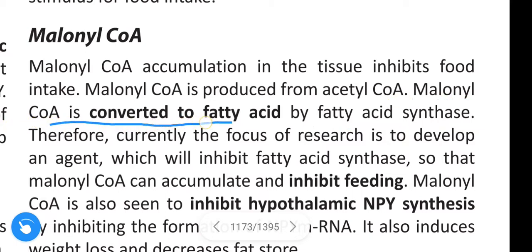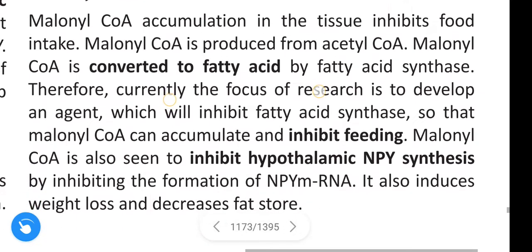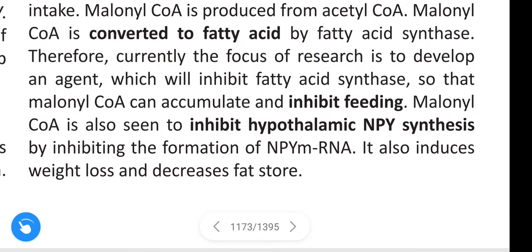Malonyl-CoA is converted to fatty acid by fatty acid synthase. Therefore, currently the focus of research is to develop an agent which will inhibit fatty acid synthase so that malonyl-CoA can accumulate and inhibit feeding.